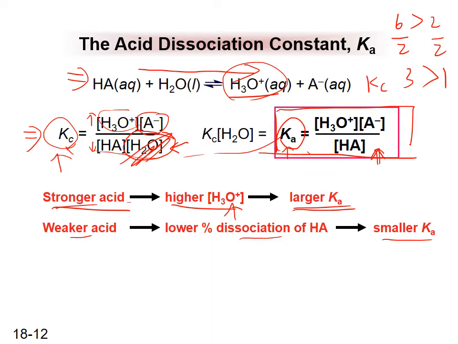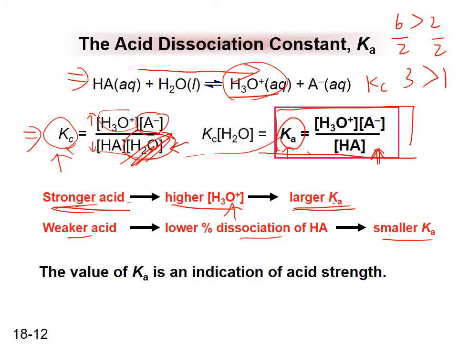So Ka is comparable with Kc and the strength of the acid. Strong acid, large Ka, weak acid, smaller Ka. So the value of Ka is an indication of acid strength. When you think about Ka, you can think of it as almost the same as the equilibrium constant of this dissociation reaction.